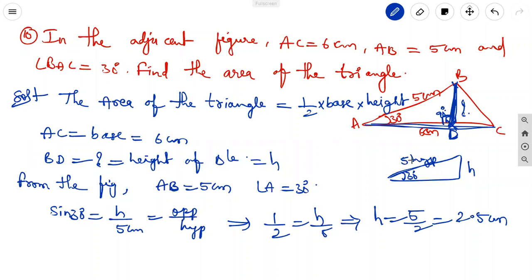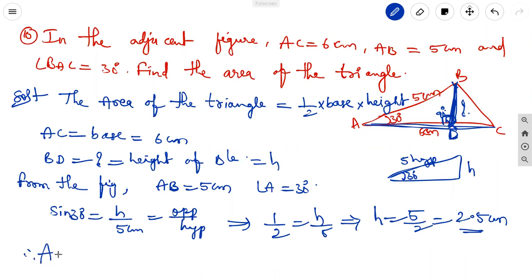And we know the base value, that base equal to AC, and we get the height value by drawing the perpendicular from point B to AC at point D. From that we get the height of the triangle.